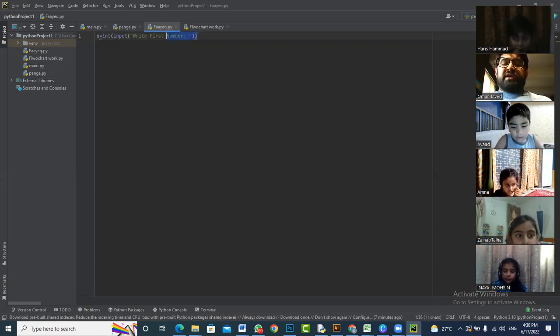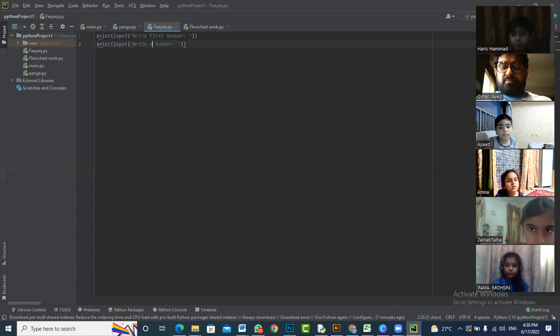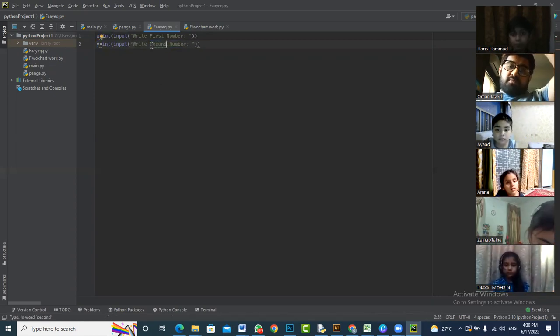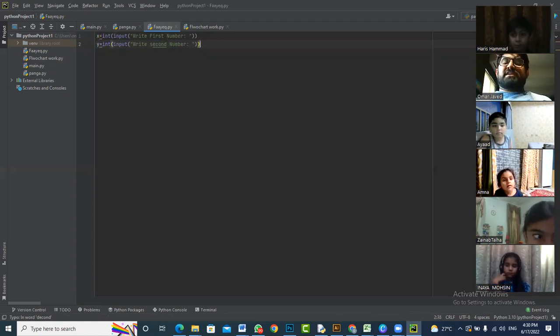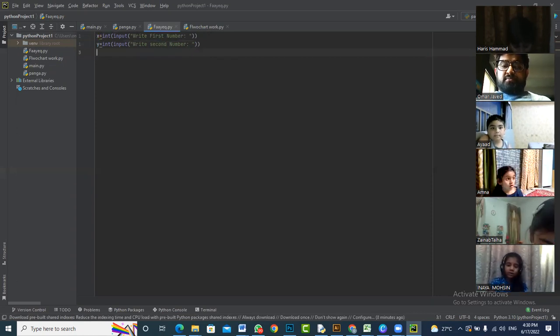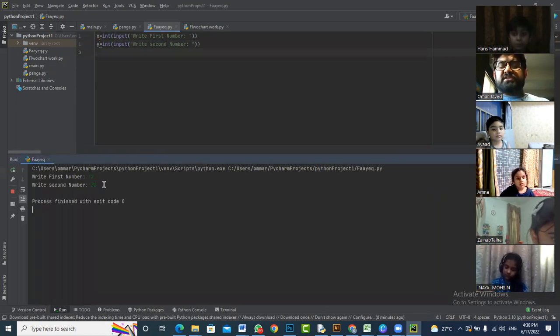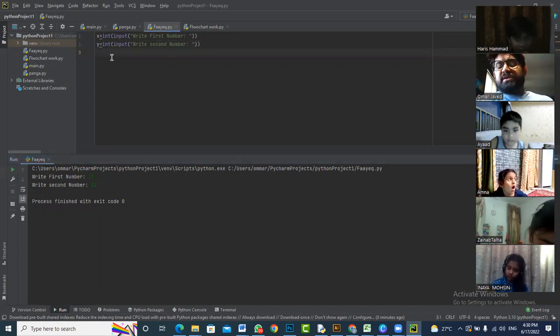And similarly, I write another number, which is Y. Now this program starts running, it takes two numbers, 12 and 32, but it doesn't do what it has to do because I haven't defined what this program has to do.